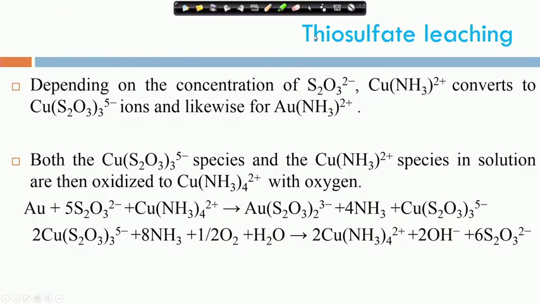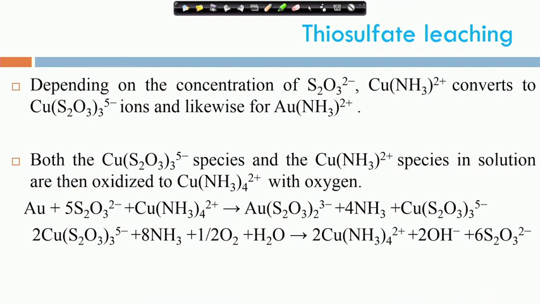Depending on the thiosulfate or the ammonia copper complex, it will convert to copper thiosulfate and ammonia. So in the presence of thiosulfate and the ammonia copper complex, what happens is essentially a change of place.